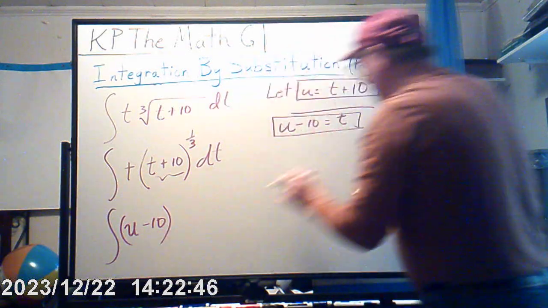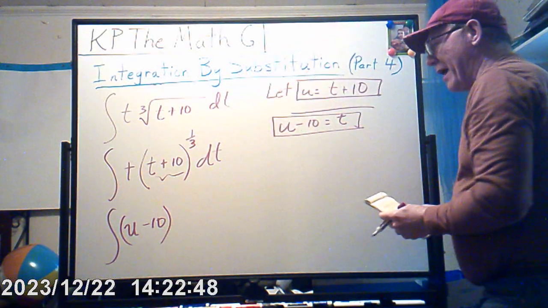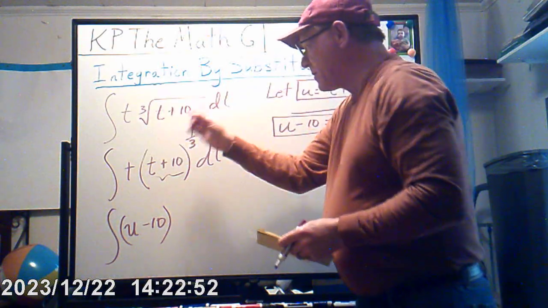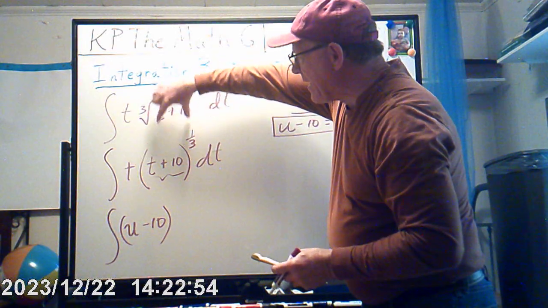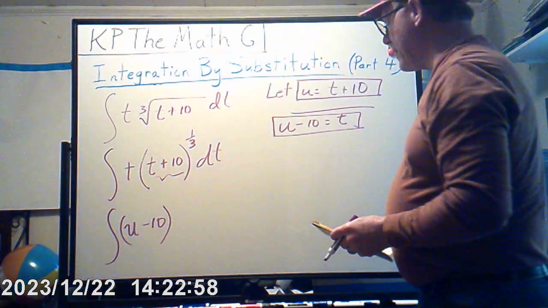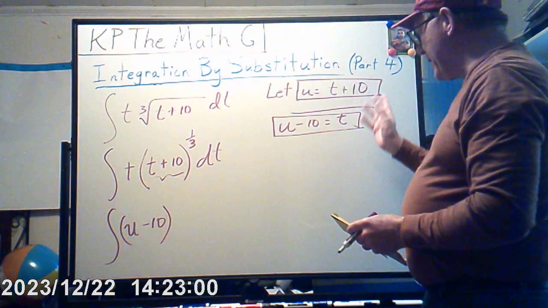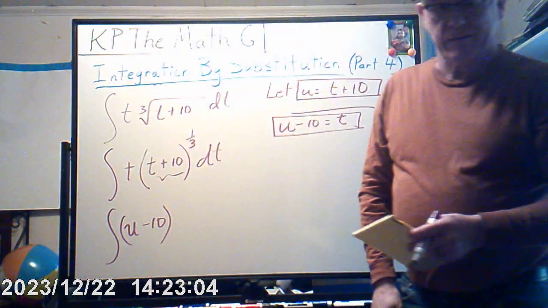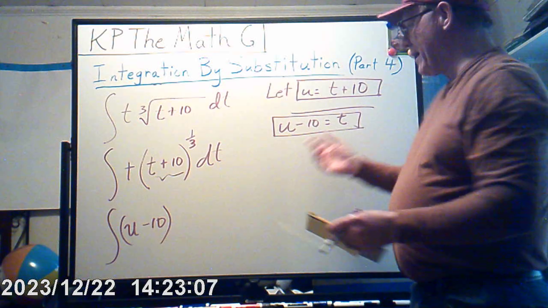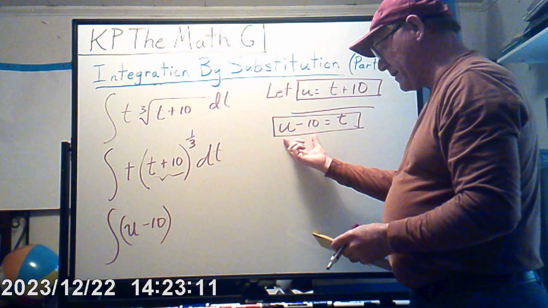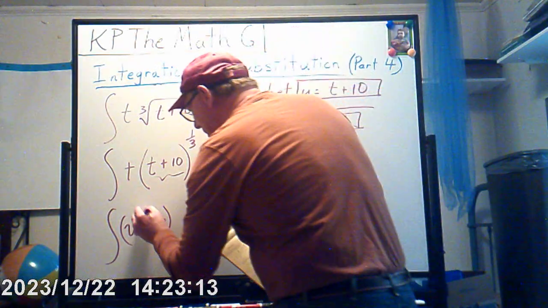That's the reason when we have an exponent that's the same like this, you want to let u be the inside, not the whole thing, and then go ahead and solve for t, because you have a t sitting out here. That's the reason we have to solve for t. So u minus 10 in place of t is right here.